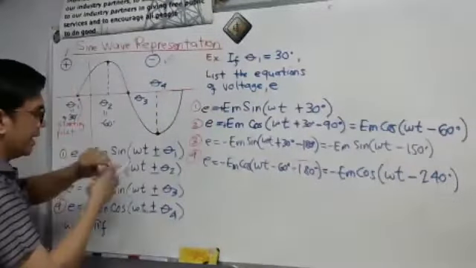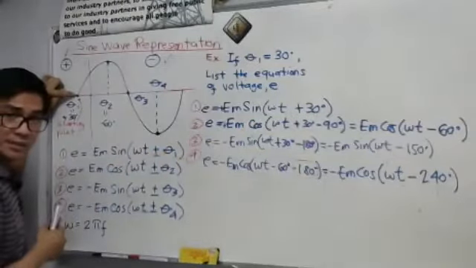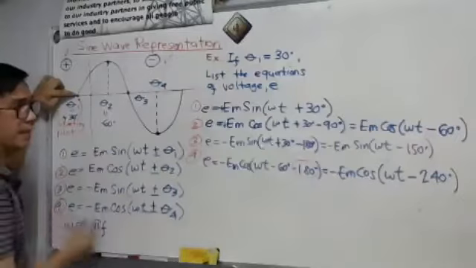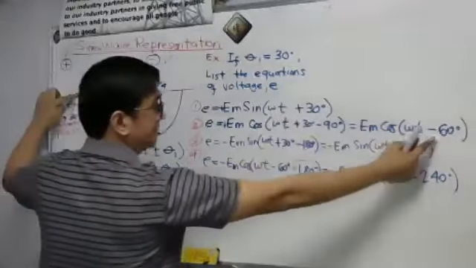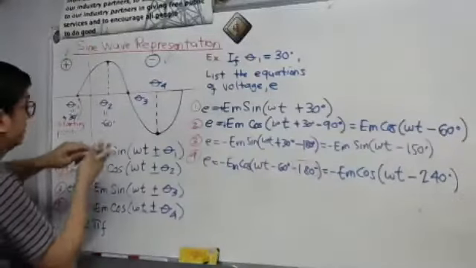Again, our positive 30 is the location of our starting point. Our negative 60 is the location of the positive peak value.